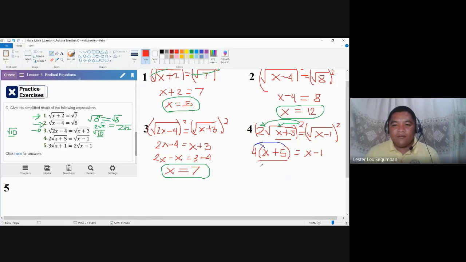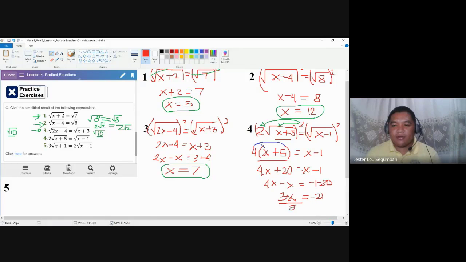So to continue, you have 4x plus 20 is equal to x minus 1. And then you have 4x minus x as you subtract x both sides, and you have negative 1 minus 20 as you subtract 20 both sides. So you have 3x is equal to negative 21.